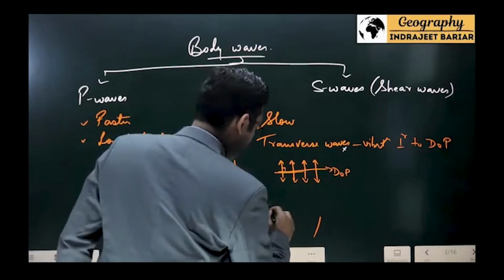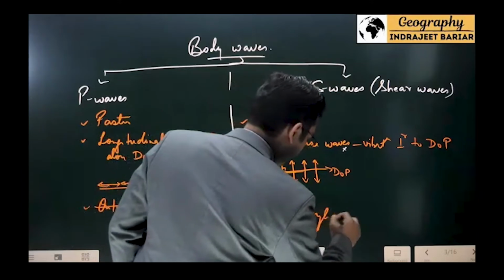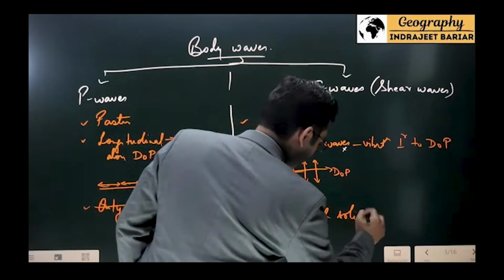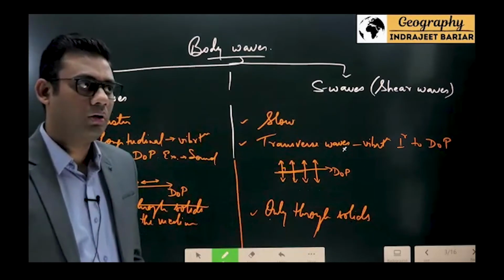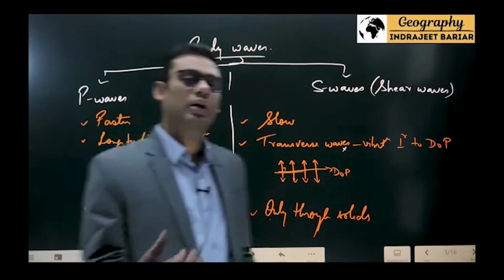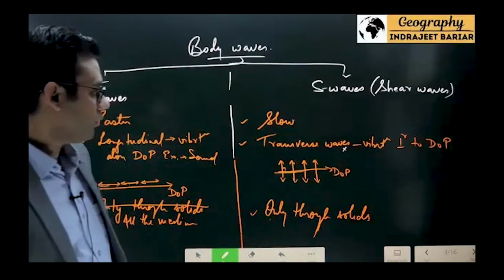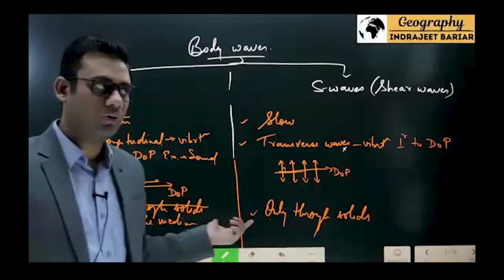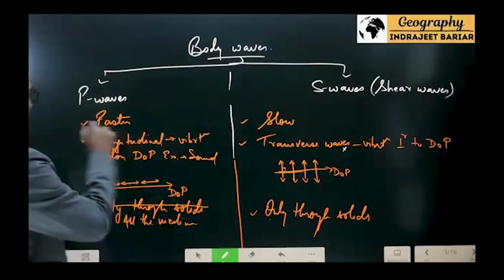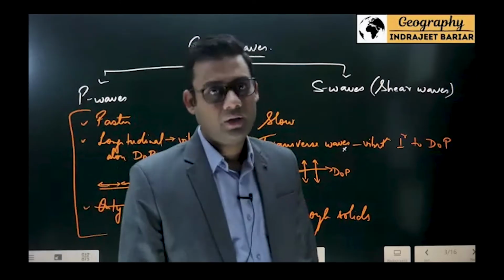S waves can pass only through solids. So if there is any liquid medium, if there is any molten medium, the S waves would not be able to pass through it, but P waves still would be able to pass through it. These are the three basic points of difference between P waves and S waves.